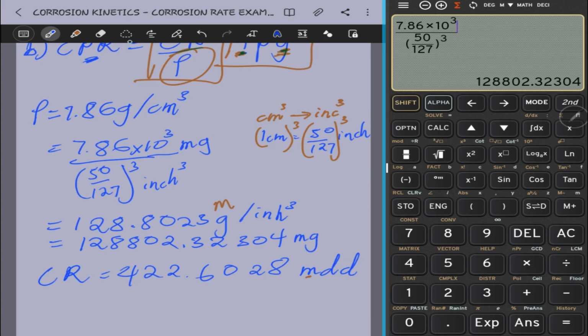Milligram, let me write this out. Milligram per inch cube, right? Milligram per inch cube. So that's what we have.